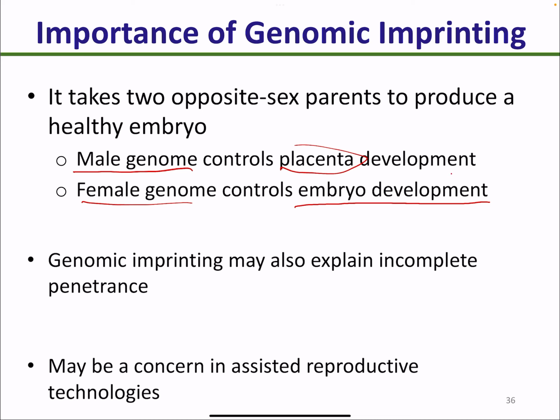Genomic imprinting may also explain the reason why we see incomplete penetrance. Okay, maybe a concern in assisted reproductive technology. Why? Because in assisted technology, you are isolating cells and taking cells out of context.